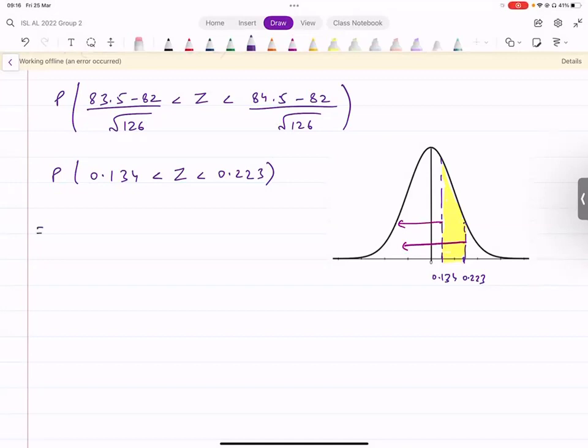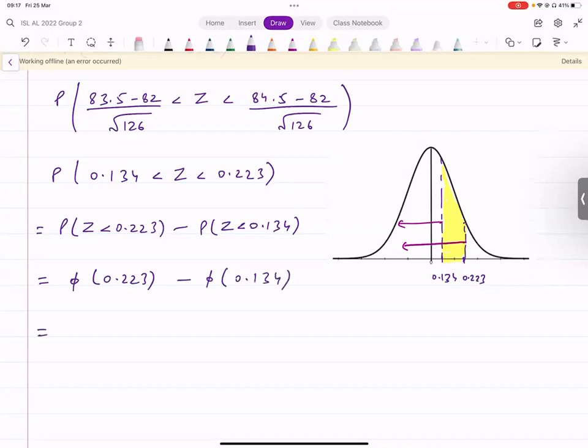So it's the same thing as saying probability of z less than 0.223 minus probability of z less than 0.134, and that's going to give us the area in the middle. ठीक है? अभी दोनों स्टैंडर्ड फॉर्म के अंदर है, z less than something positive. ये हम डायरेक्टली टेबल से देख सकते हैं. We're looking for phi of 0.223 minus phi of 0.134. ये दोनों नंबर्स जाके फाइंड करना.